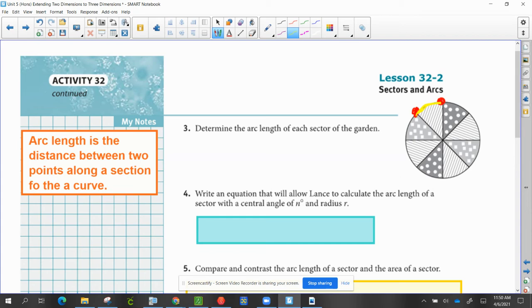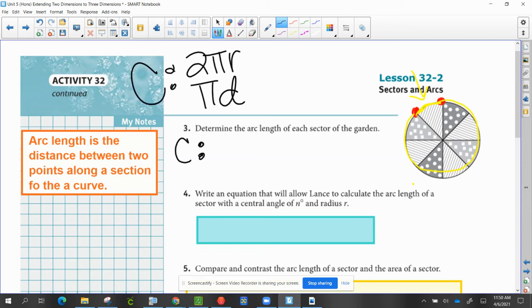So we have to think about how to find the distance of the whole circle and then just narrow it down to just that 1 piece. So if we're finding the distance around the circle, what are we actually finding? So for that, we'd be finding circumference, right? Circumference is like the perimeter of the circle. So we can find it using 2 pi r or pi times diameter.